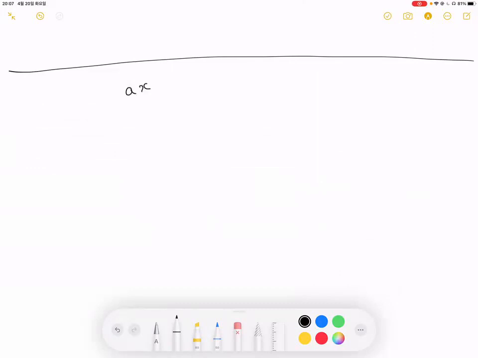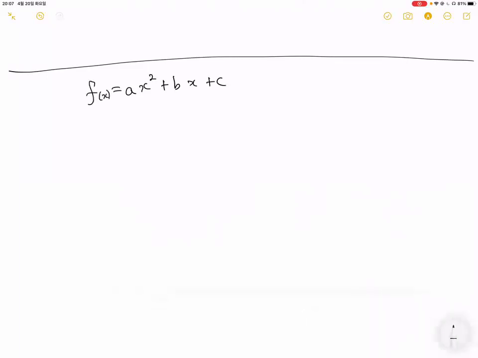So say we have a function ax squared plus bx plus c, right? It's equal to f(x). Okay, so this is the standard form of the quadratic function. And what information can we get out of this standard form? Well, first of all, the c value here, this is the y-intercept. The a value, you can call this the slope of the quadratic function.